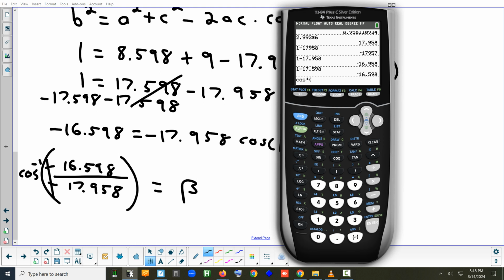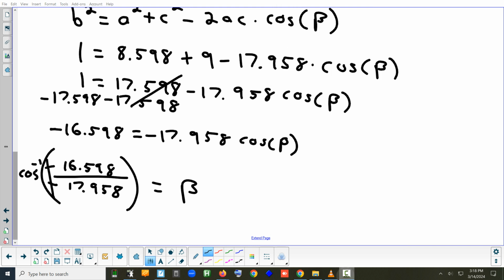I'm sorry, I realized I just wrote the wrong number. So divided by 17.958, and hopefully that should come out to 22.442. These numbers are messing with me.